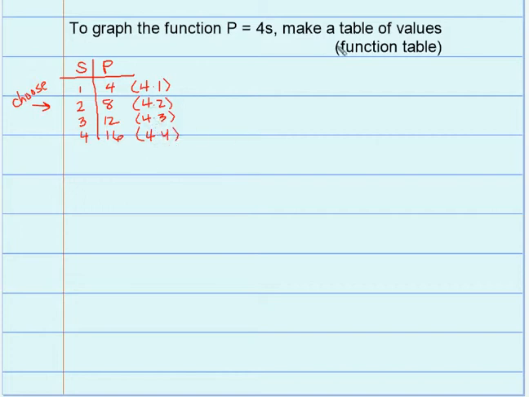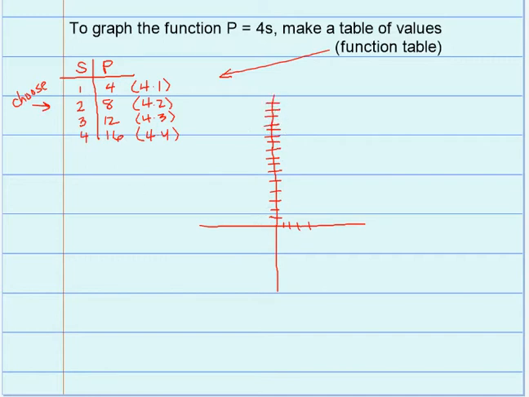So we made our function table, that's this, and now we need to graph. So on a coordinate plane, which you can sketch, or you can get one later and fill in the blanks, tape it into your notebook. 1, 2, 3, 4, 5, 6, 7, 8, 9, 10, 11, 12, 13, 14, 15, 16.